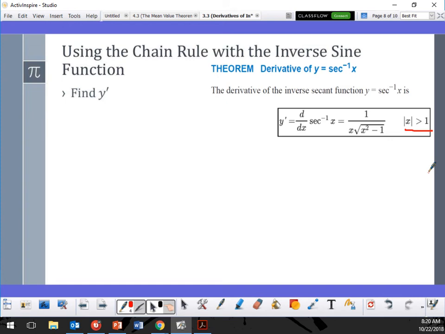Now, absolute value, because right here, inside that, if it is less than 1, what would happen inside there? I would get negatives, right? Because I'm subtracting 1.